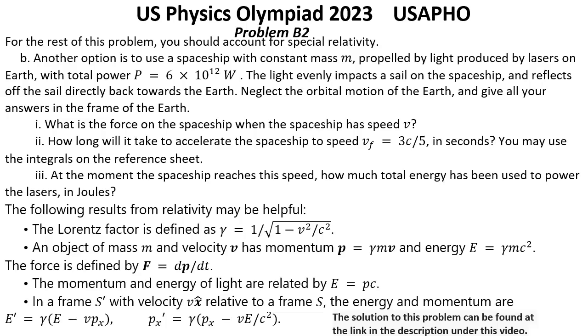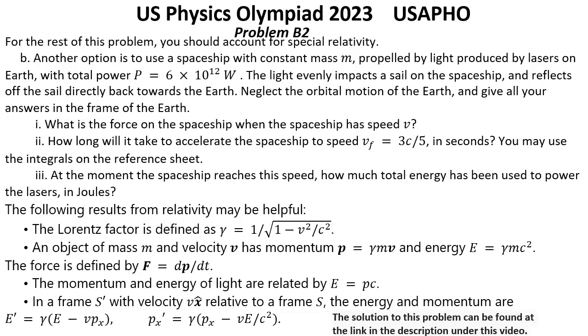Question 3. At the moment the spaceship reaches this speed, how much total energy has been used to power the lasers in joules? The following results from relativity may be helpful. First, the Lorentz factor is defined as gamma equal 1 over square root of 1 minus v squared over c squared.